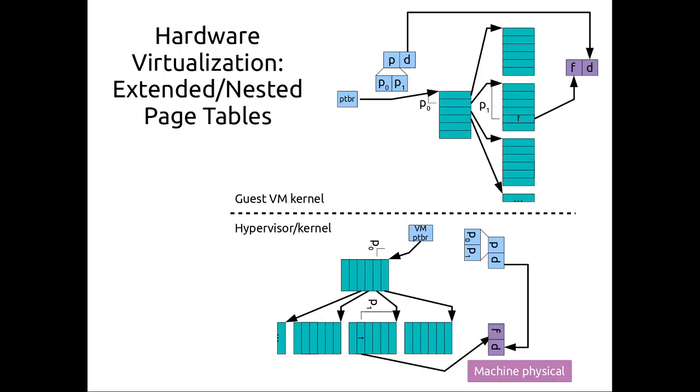So let's see why. So in this diagram, you have the guest virtual machine executing its kernel, thinking it's modifying the page tables of the system and thinking it's referencing physical memory. And of course it is, but the hypervisor or the real kernel of the system is managing the machine physical, the real physical memory within the system, right?